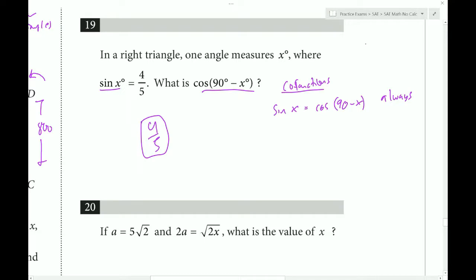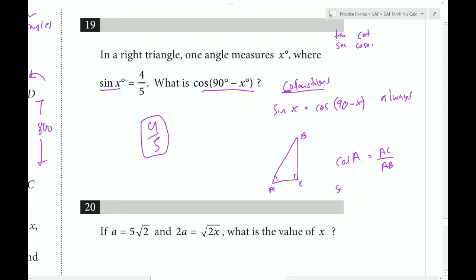Other things that are cofunctions are tangent and cotangent, and secant and cosecant. That's why they're named that way, because of the idea of cofunctions. It basically comes about by the fact that if you have a right triangle, and we call this angle A and this angle B, then the cosine of A would be adjacent, which, if we call that C, would be side AC over hypotenuse, which is AB.